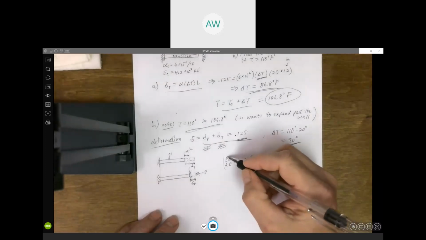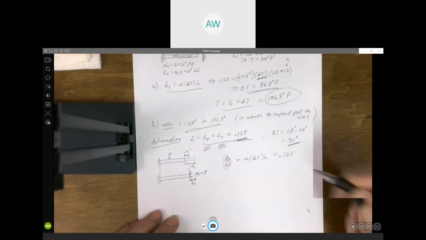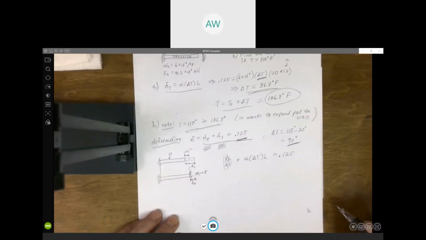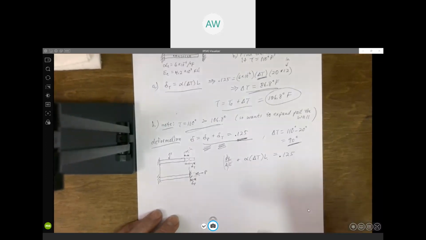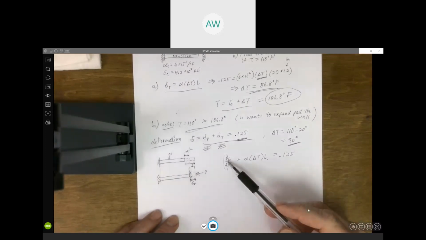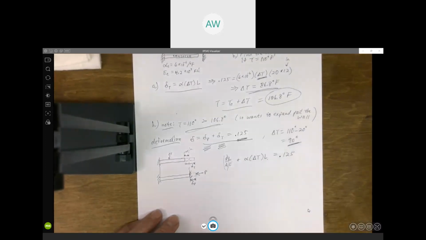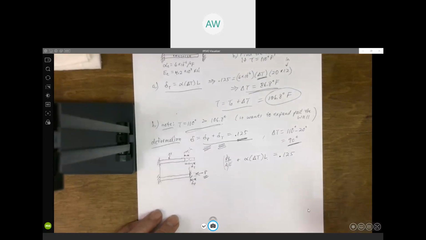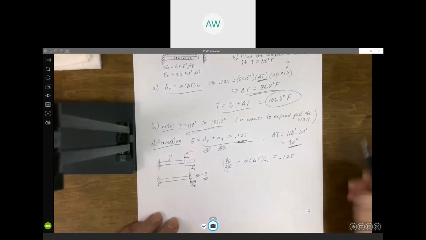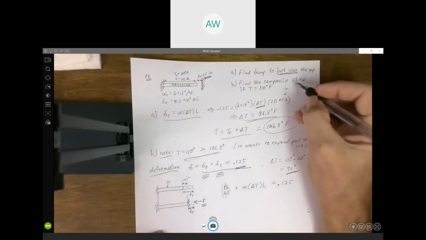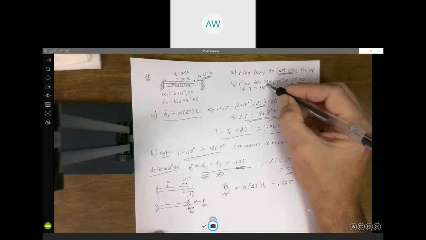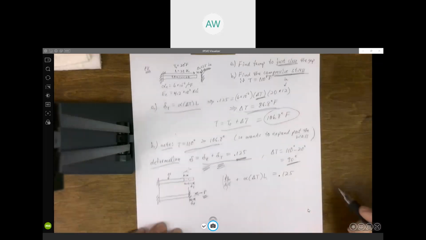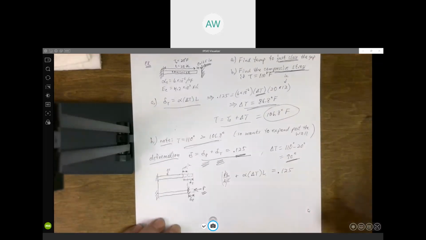But notice here, we don't know what the cross-sectional area is. If we knew what the cross-sectional area was, we could solve for P and get that force that's pushing on the concrete. But for this problem, if you go back to what was actually asked for, it asked for the compressive stress, not the compressive force.